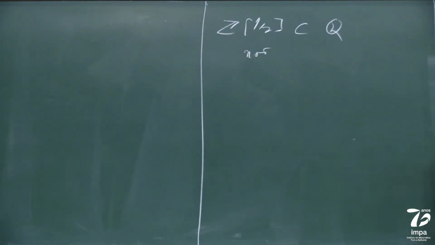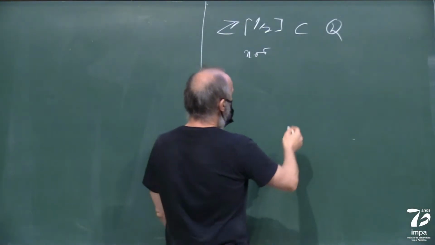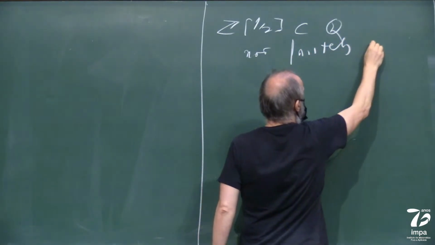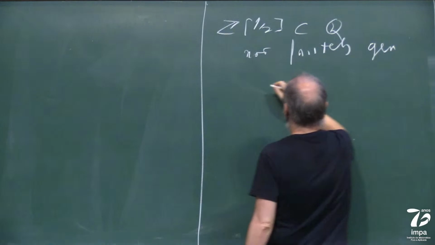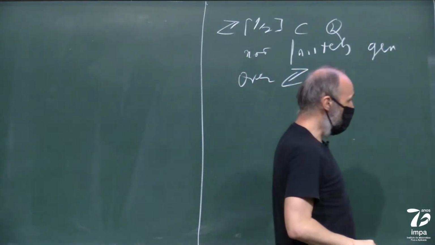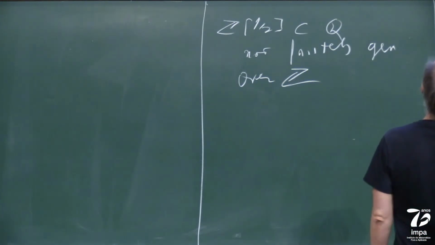But they are not bounded from above. There could be denominators arbitrarily big, so it's not finitely generated over Z. So this was an example of a non-integral element.